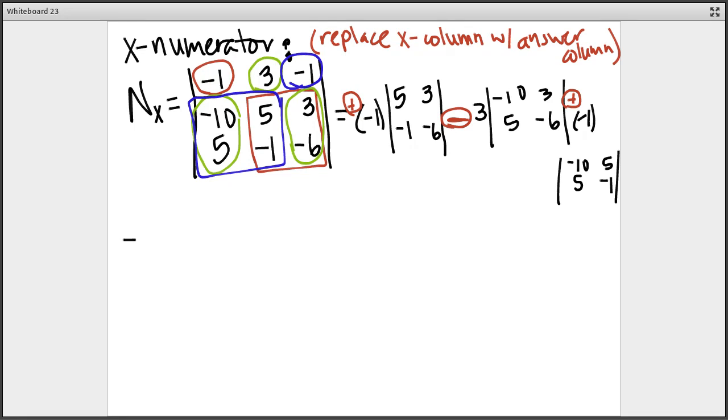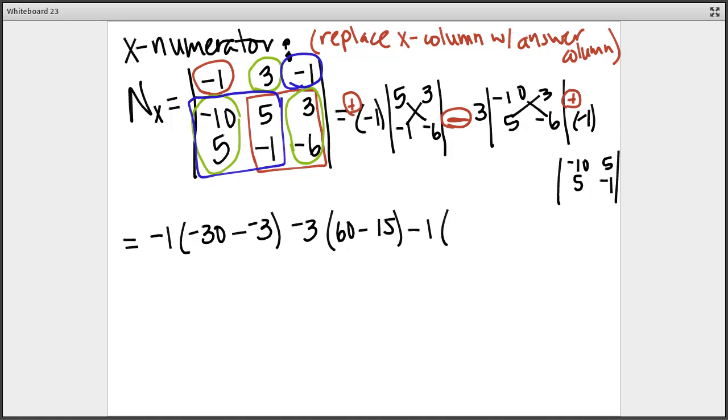Okay, so my x numerator will be a negative 1 times, find the determinant, negative 30 minus negative 3. And then a minus 3 times negative 10 times negative 6 will give you a positive 60 minus 3 times 5 will be 15. And then we have a plus, but then a negative 1 times negative 10 times negative 1 is a positive 10 minus 5 times 5 is 25.